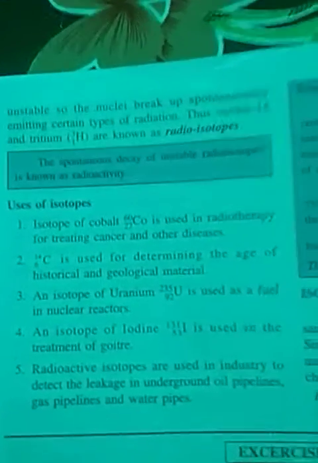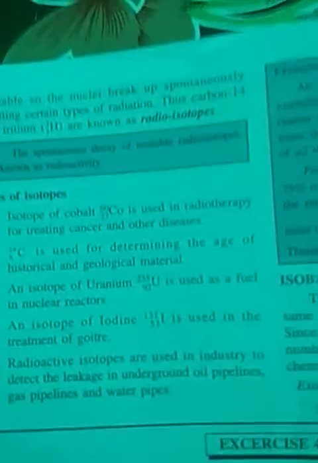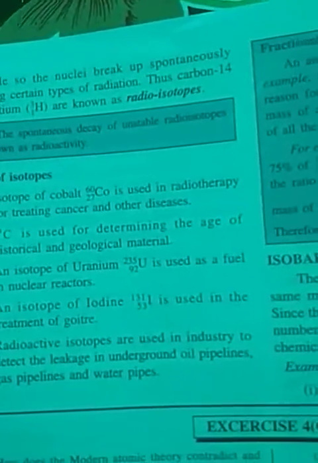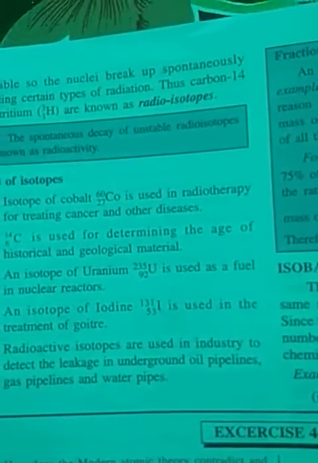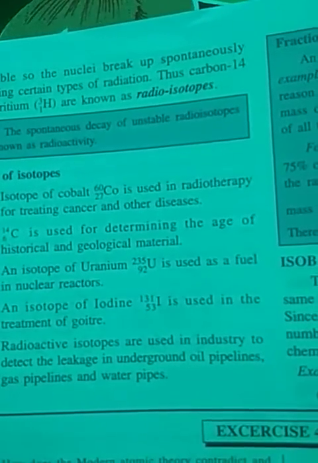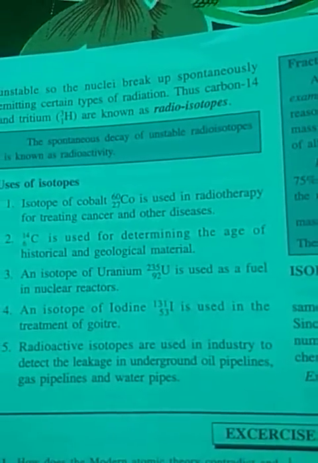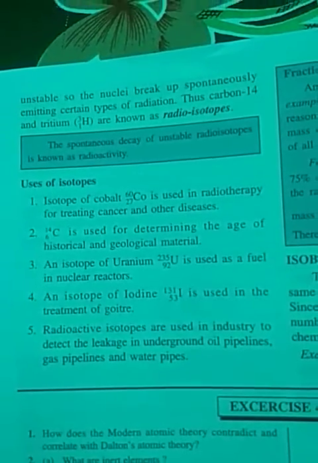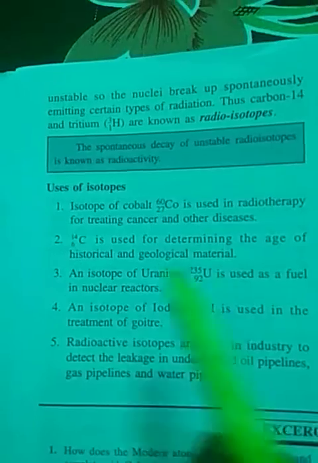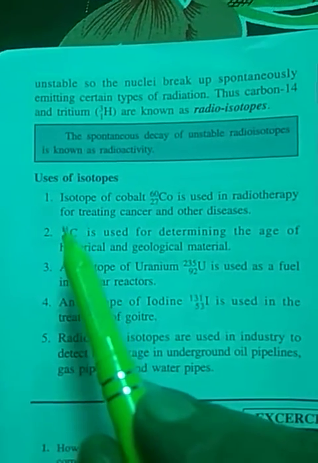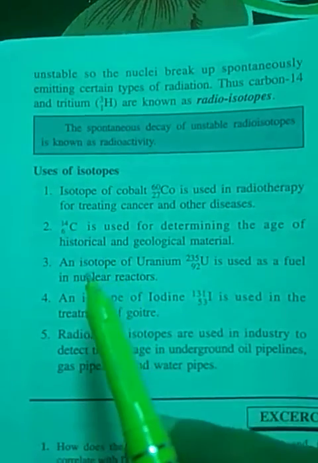Very often we come to know that some vessels or some earthen pots are found whose age is supposed to be 300 years. How do we come to know that these pots were prepared 300 years before? With the help of this C14 carbon whose atomic mass is 14.